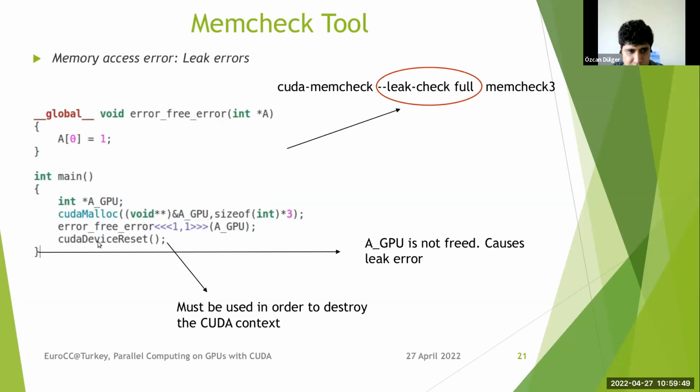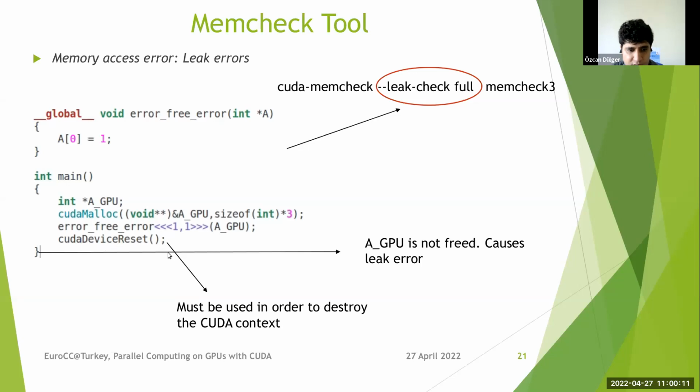Why? Because we don't free the allocated memory locations here with CUDA malloc. We allocate locations in the device memory, but we don't free before calling the CUDA device reset function.